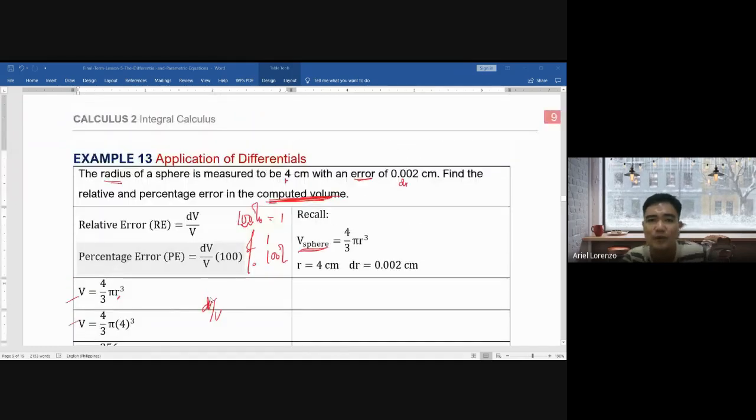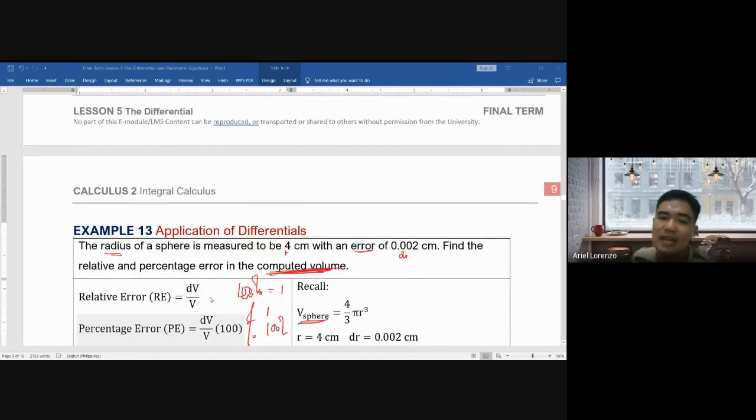Okay, sir, paano po if ganito ang gawin na lang namin? Kasi since ang formula class is dV all over V, what if kunin ko muna ang derivative ni V divided by V, formula-based tayo. Okay, paano yun, sir? Ano ang derivative ni V class? Diba ang volume is 4/3 pi r cubed.